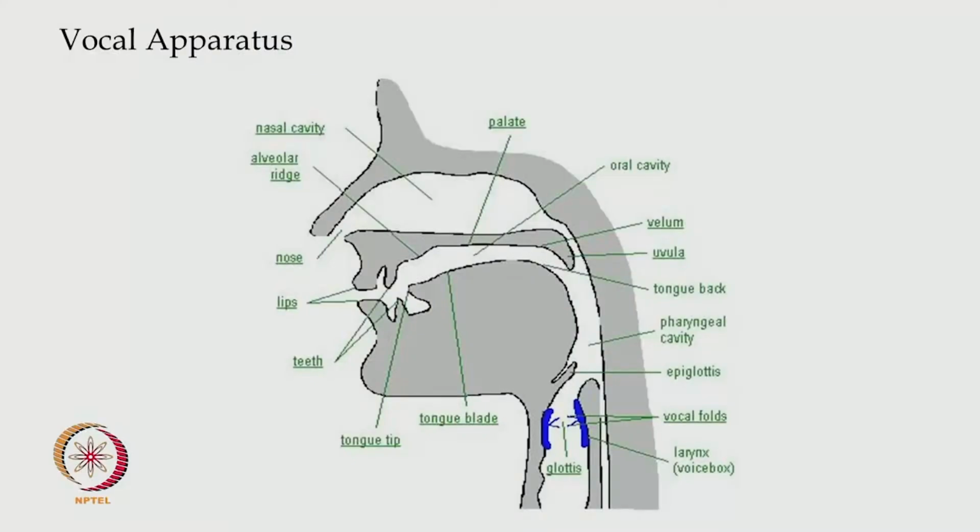Alveolar ridge, right? So, again looking at this picture, these are our teeth. See this? And I want to draw your attention here, beginning from here, the sharp part of the teeth, all the way to this is the alveolar ridge.